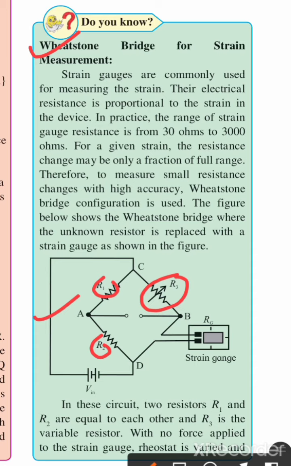In this Wheatstone network there are four resistors: R1, R2, variable resistor R3, and in place of the fourth resistor, we connect the strain gauge with no force applied, and the rheostat is varied.